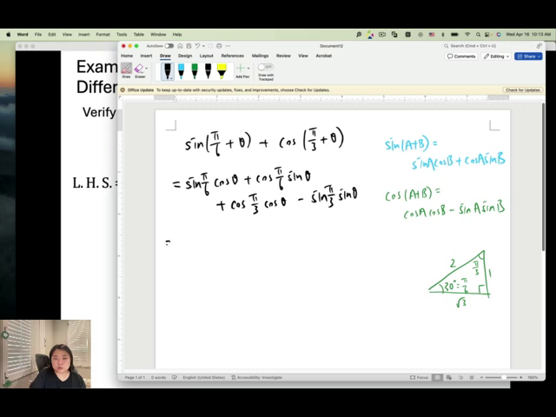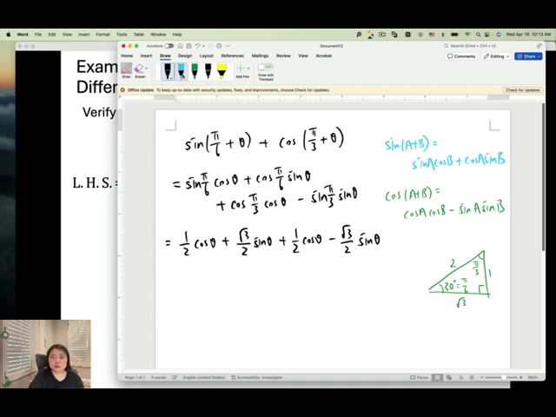Okay, now we're gonna plug it in. Sine pi over 6 will be equal to 1/2. 1/2 cosine theta plus cosine pi over 6, that will be 3 over 2. And then cosine pi over 3, that will be 1/2. And then cosine theta minus sine pi over 3, that will be 3 over 2 sine theta.